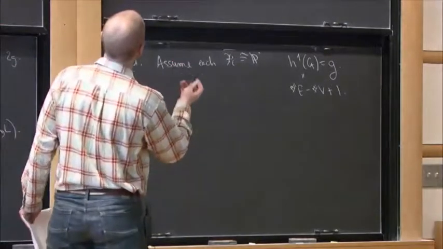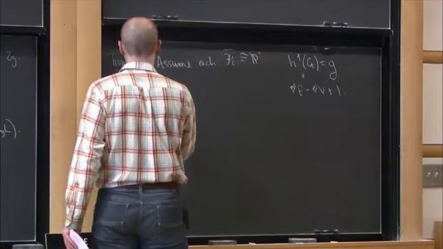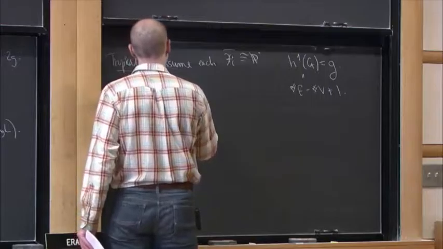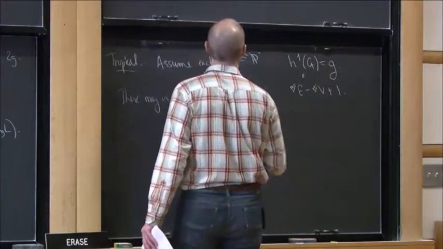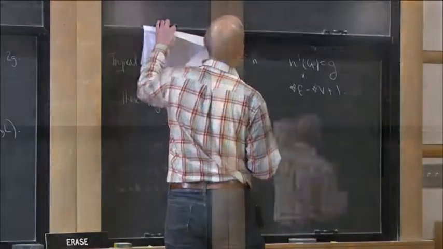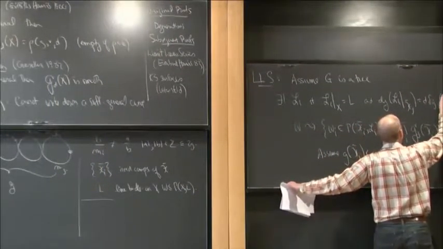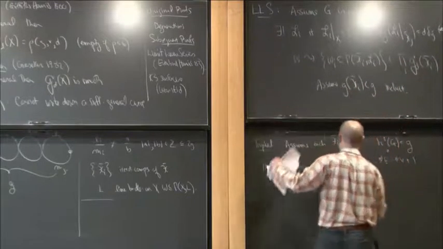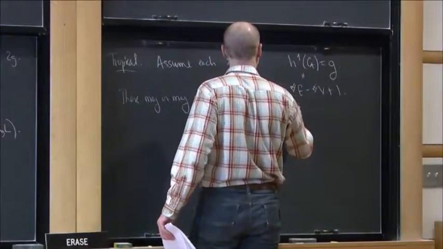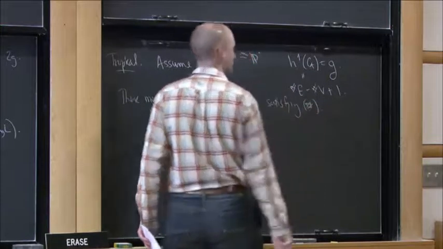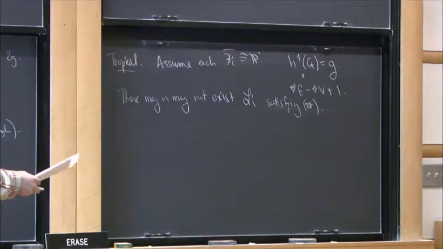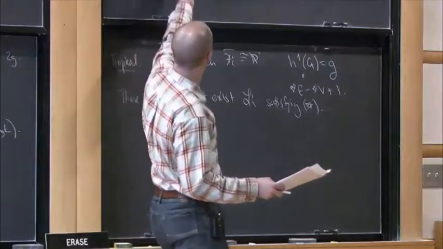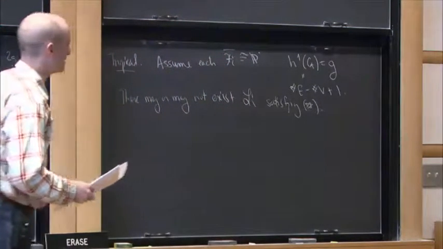And in this setting, there may or may not exist L_i satisfying this condition, so that the degree of the restrictions to the components is d delta_ij. And so this prevents us from building the data that we would use in limit linear series.